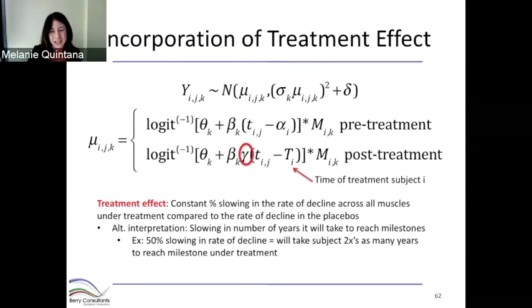and again, I don't want to go into the statistical details here too much, and introduced a treatment effect parameter. So if we enrolled placebo subjects as well as treated subjects, we could estimate the common slowing in the rate of progression across all the muscle groups for individuals treated versus those not, or at time points post-treatment versus the time points before you had treatment.